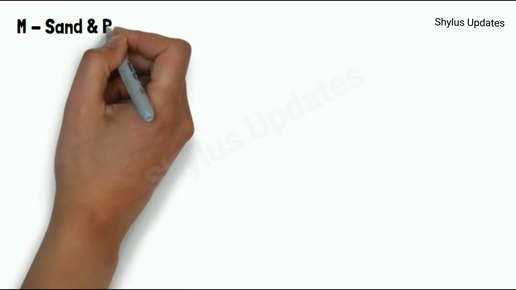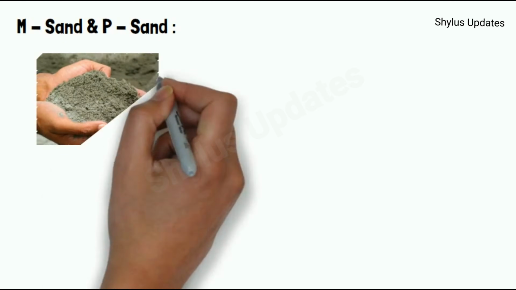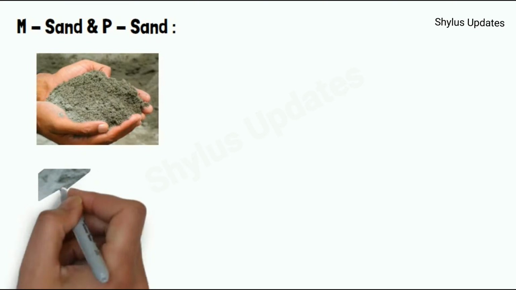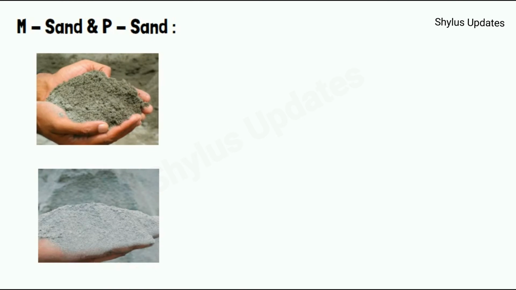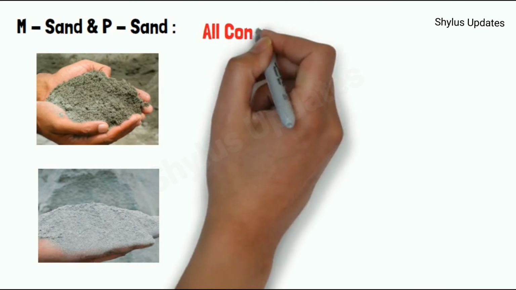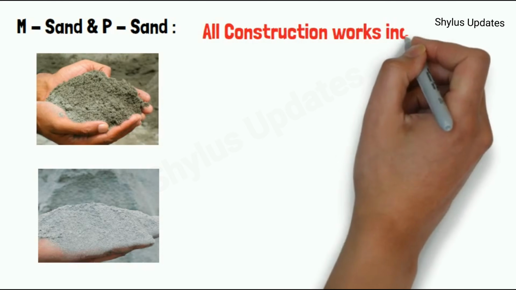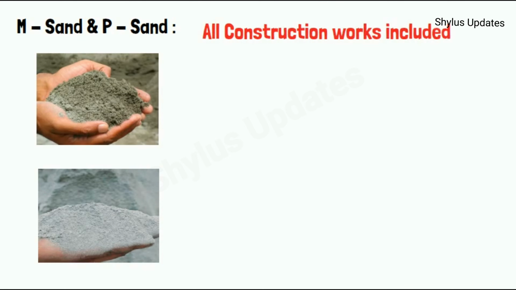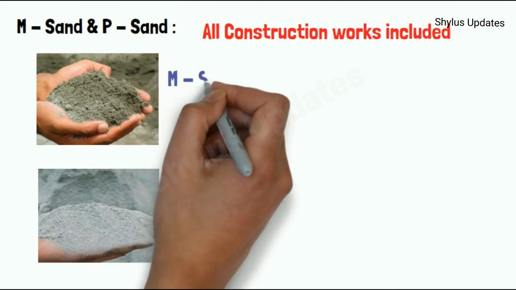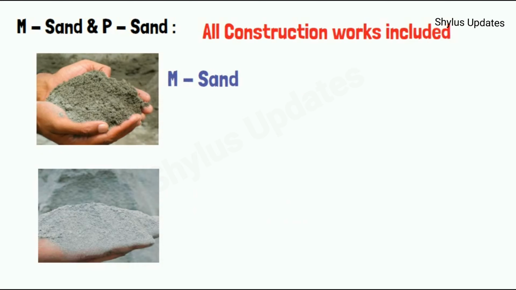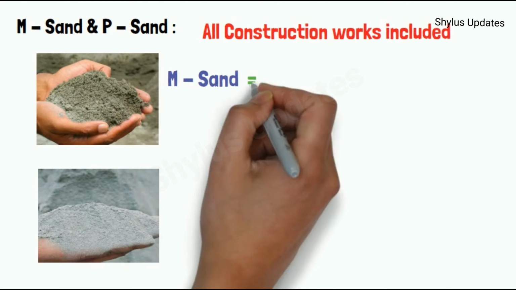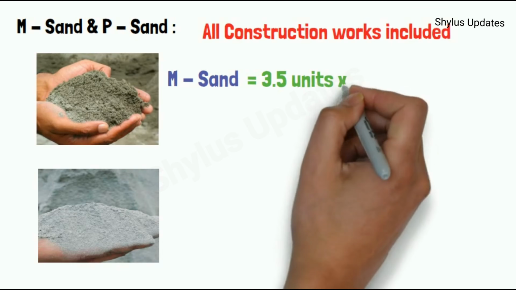M sand and P sand. These sands are used in all construction works. First, M sand. For a 175 square feet house, 3.5 units of M sand are required. The current market rate of M sand is rupees 5,000 per unit.